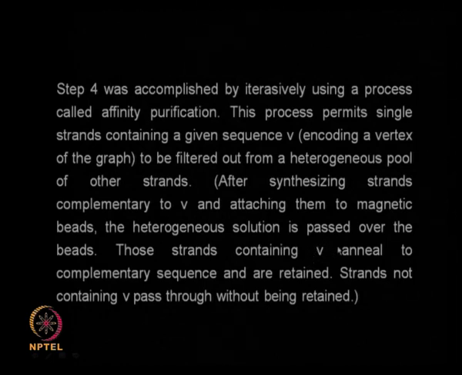Then you make sure that the same thing is applied for vertex 2, so that only strands containing the sequence corresponding to vertex 2 remain. Then you make sure for vertex 3, then vertex 4 and then vertex 5. That way you make sure that all strands are of length 7, in terms of nodes it is 7, in terms of DNA strand it is 140.